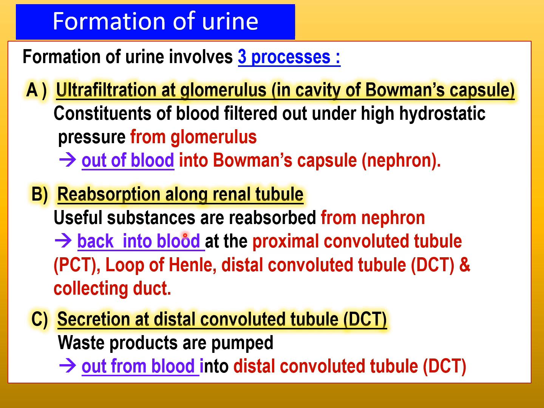Useful substances must be reabsorbed from the nephron back into the blood at the proximal convoluted tubule, or PCT, loop of Henle, distal convoluted tubule, and collecting duct. And C, secretion at the distal convoluted tubule. Secretion is the third process: waste products are pumped out from the blood into the nephron, into the distal convoluted tubule.